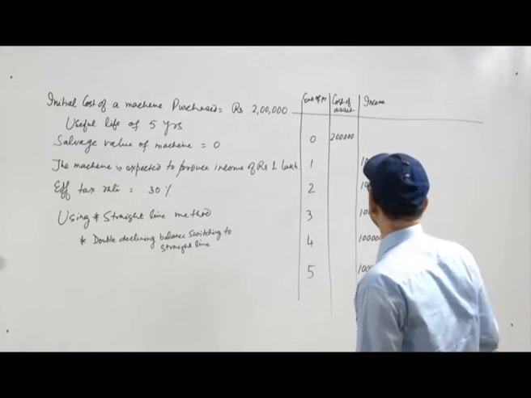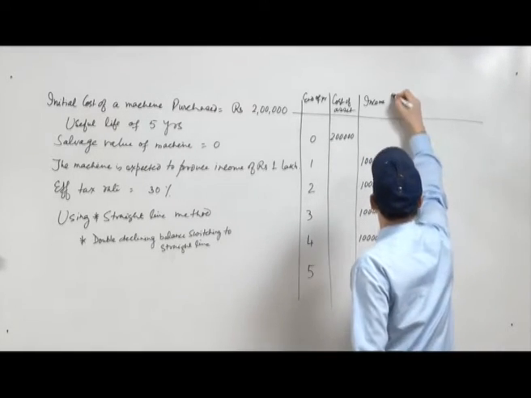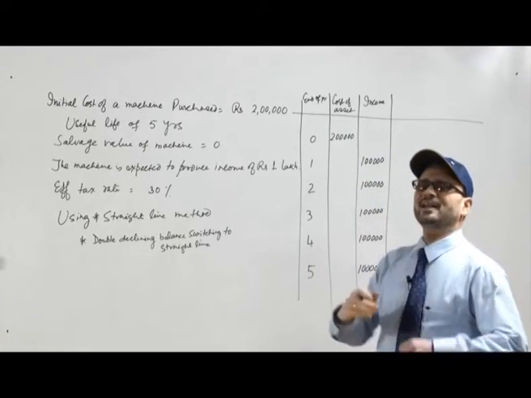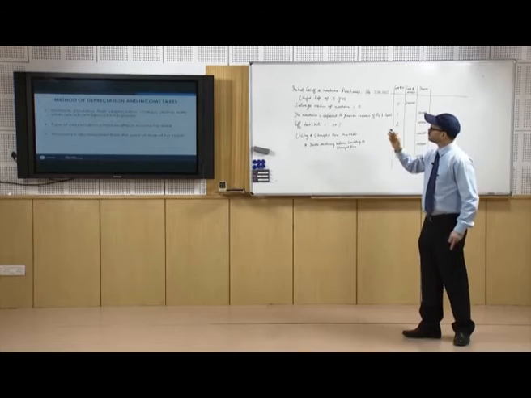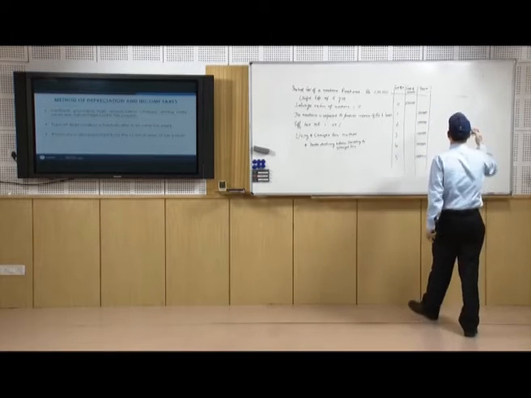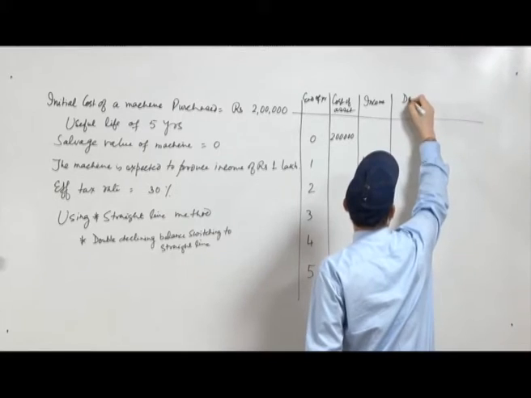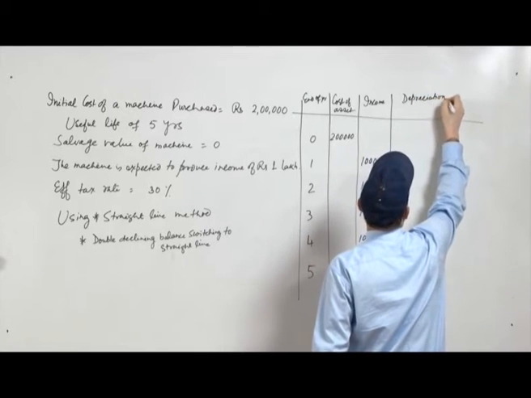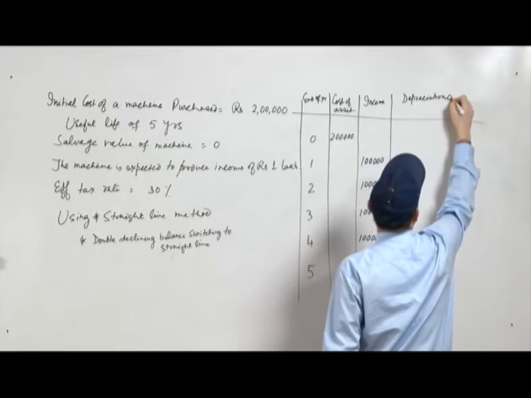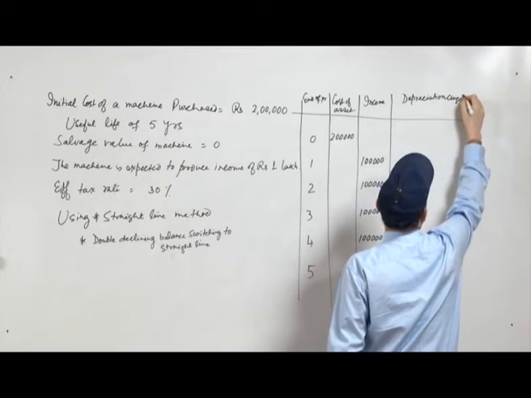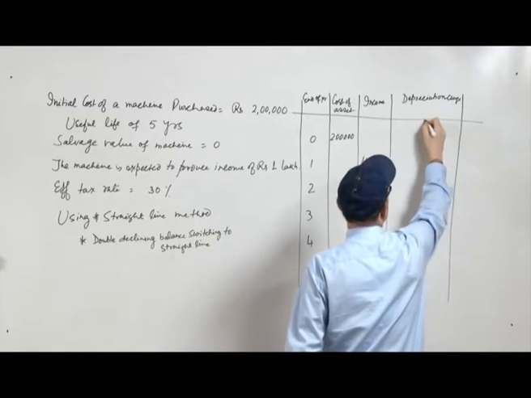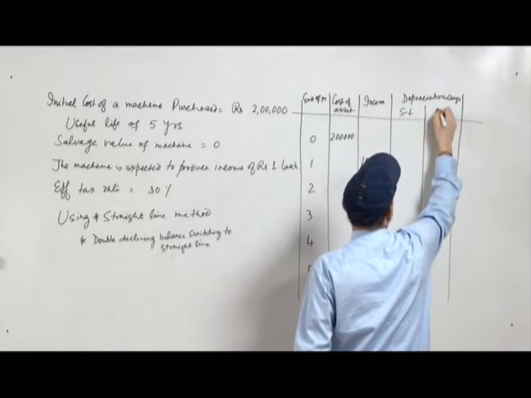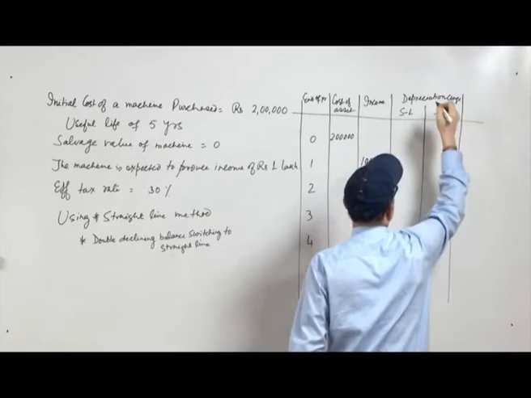Now, in this case the cost of the asset is to be depreciated using the two methods. So, the depreciation charge using the two methods will be calculated: using straight line and using double declining balance.